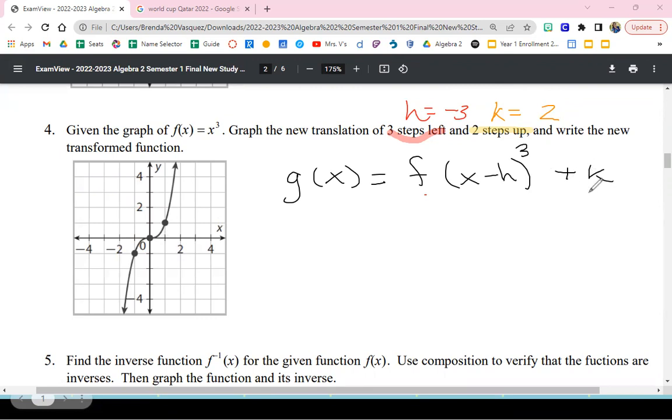So here we're gonna go ahead and substitute, and it's going to be positive 2. Here we're substituting, and it's going to be -3. Now, the way that we're writing this is g of x equals, instead of writing f of x and everything else, we're just writing x minus our beautiful h, which is -3 to the power of 3.